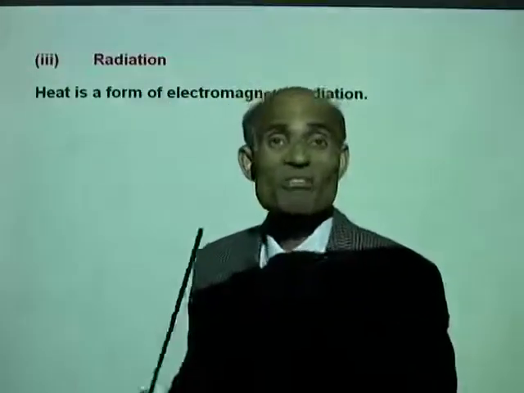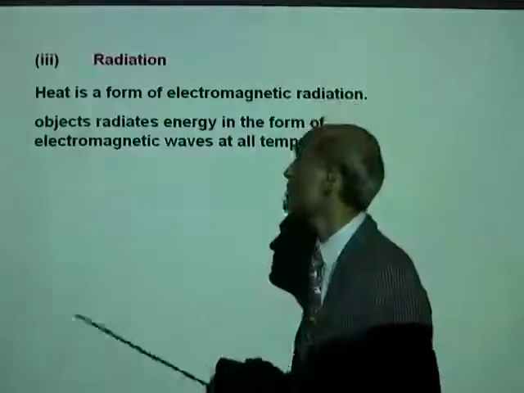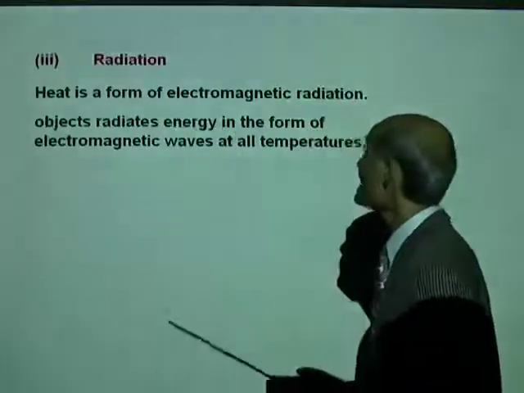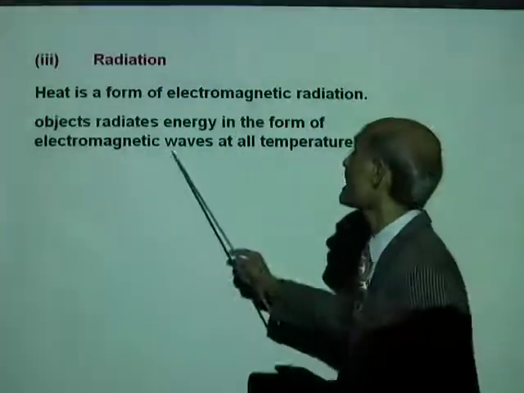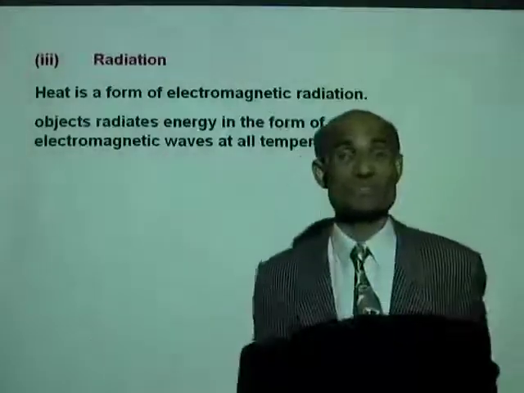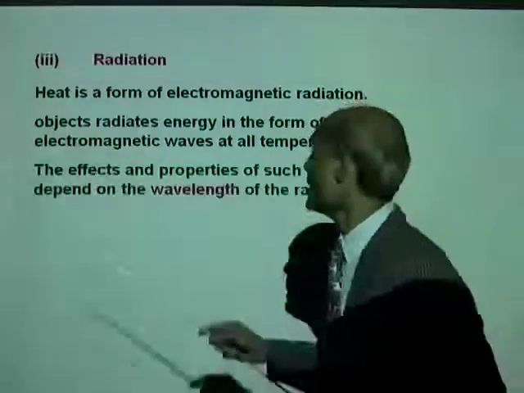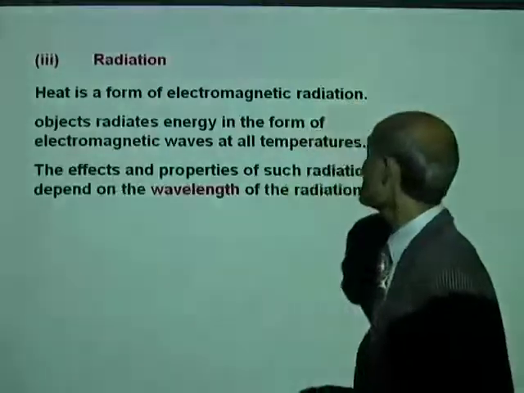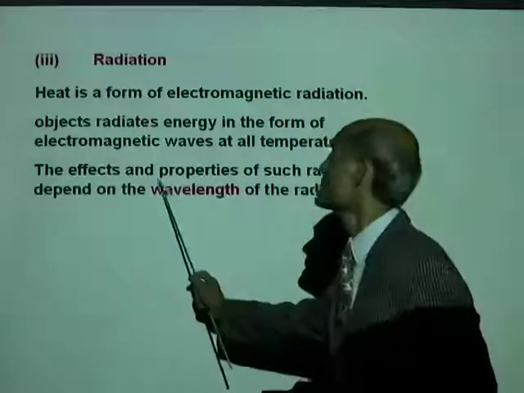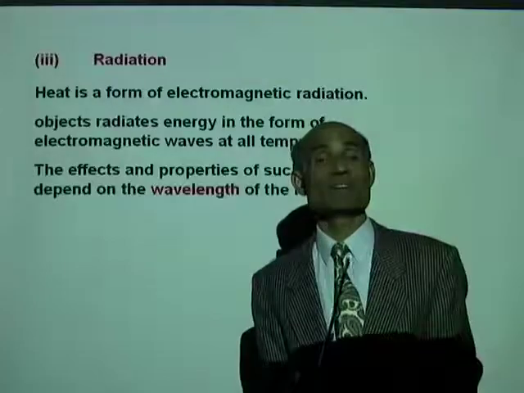So you must have a fair understanding of electromagnetic radiation. Objects radiate energy in the form of electromagnetic waves at all temperatures, even at very low temperatures. The effects and properties of such radiation depend on the wavelength of the radiation.